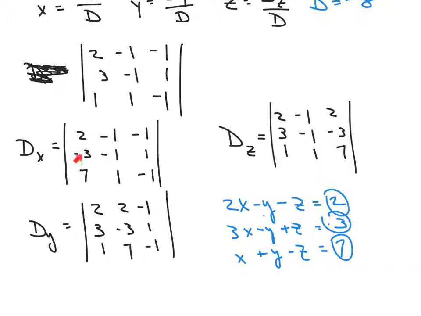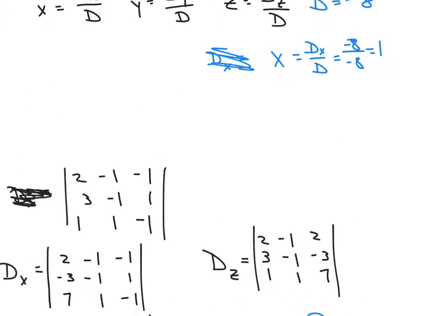So now you find your D of x, and in this case, when you do that, it's going to be negative 8. Or I'm sorry, it should be x equals D of x over D. And when you find your D of x, it would have been negative 8, and we found the D earlier is also negative 8, so our x is equal to 1.